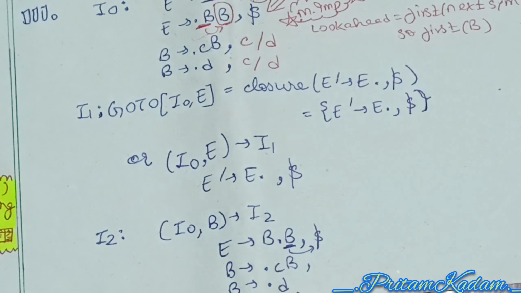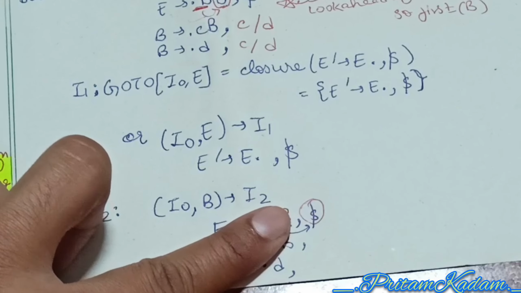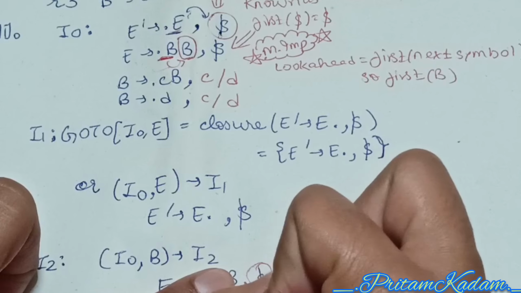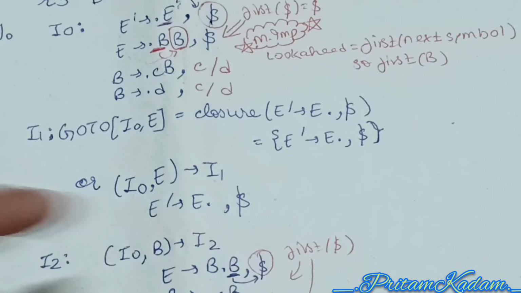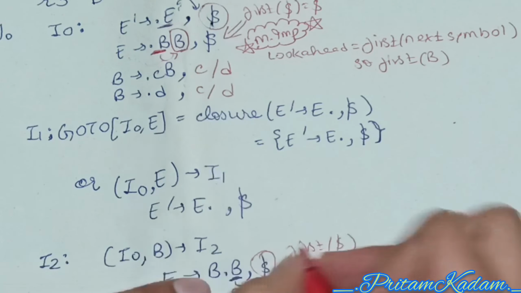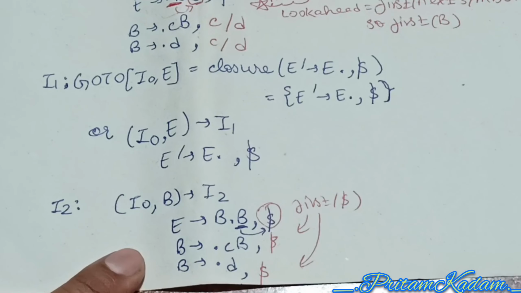So now in this case the immediate next symbol is dollar, and the first of dollar is dollar itself. So we will write first of dollar, which is equal to dollar only. So we will write dollar in the look ahead of these two productions. Okay, so B gives dot CB dollar, and B gives dot D and dollar.